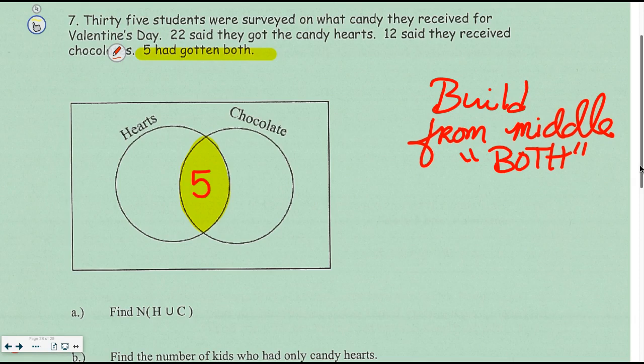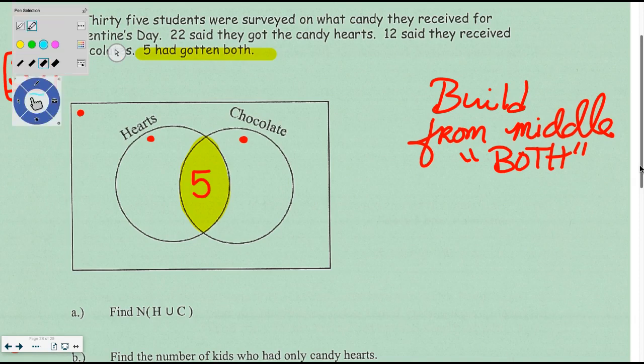So there's 35 surveyed, so whatever numbers I put in my Venn diagram, and there's always 4 numbers, there's the 5, and then what I'm going to put in this lobe, and outside. So there'll be 4 numbers that you fill in. It says 22 said they got the candy heart. So let me go change my fingertip here to a blue, and let's make the candy hearts blue.